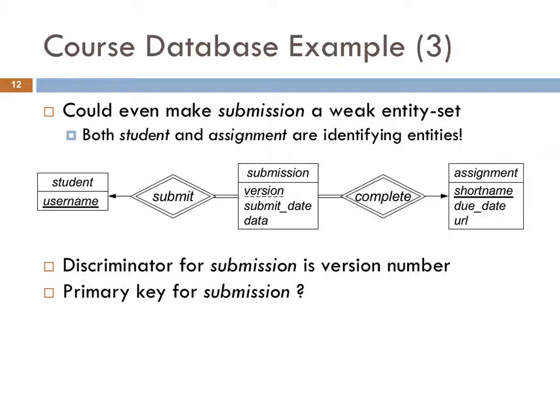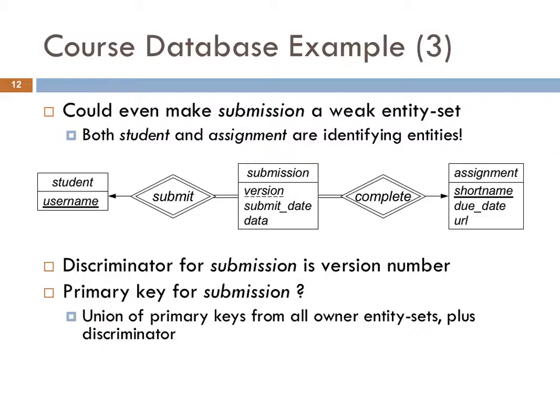Weak entities derive their identity from the strong entities, through the identifying relationships. So in this case, the primary key would be username, short name, and version. The combination of those 3 things together would be the primary key. All right? This would work as well.